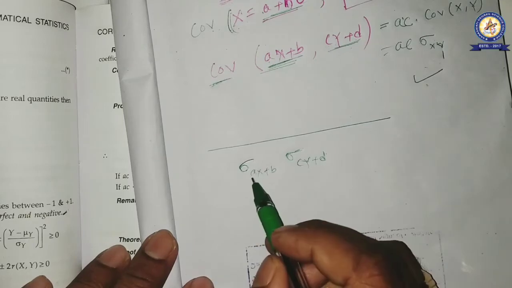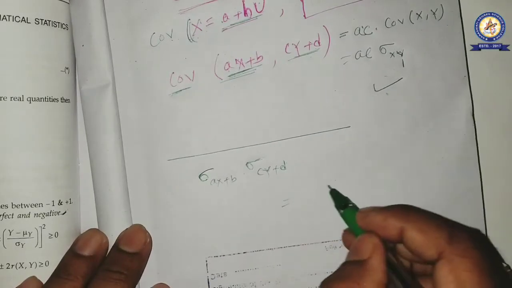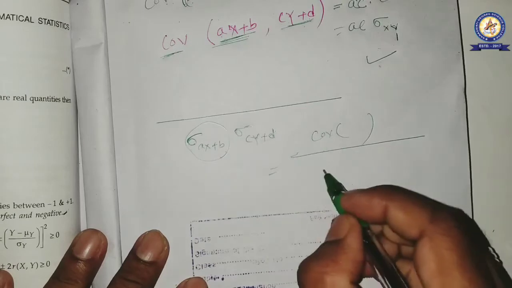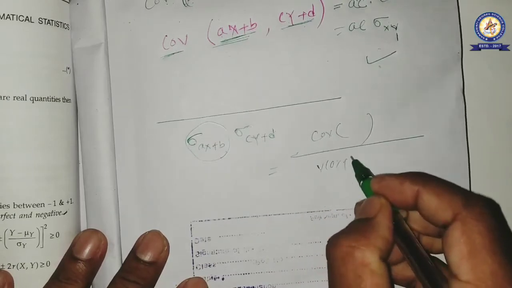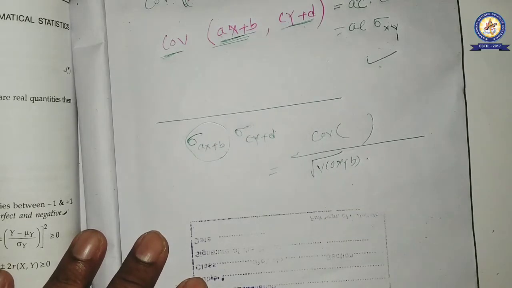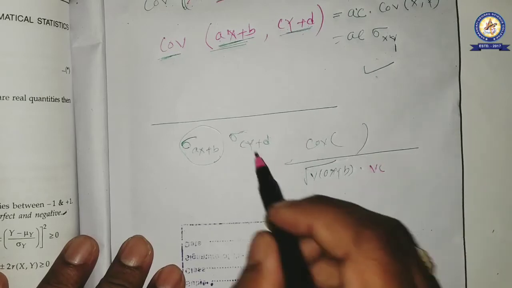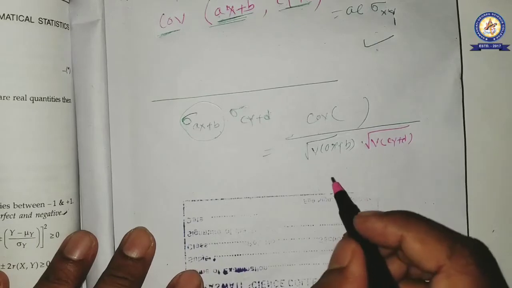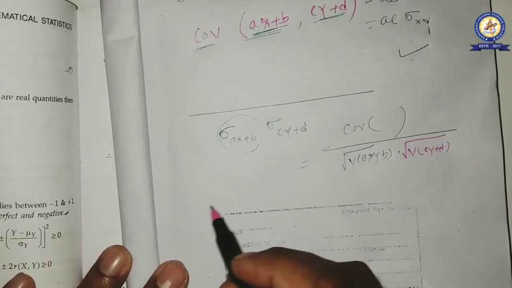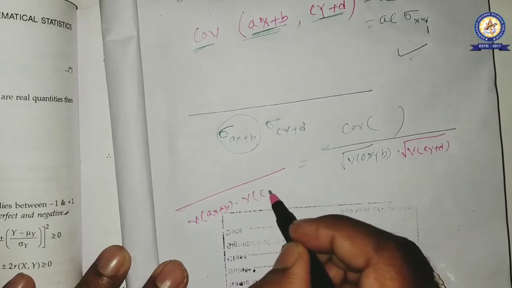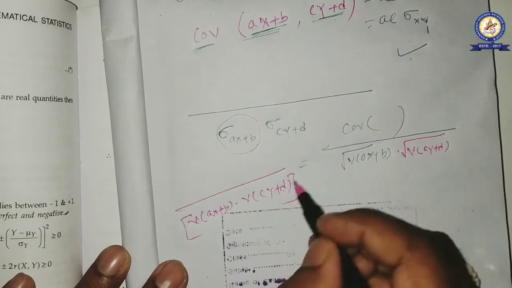So instead of writing the standard deviation format, the denominator can be written as the root of the variance of ax plus b into the root of the variance of cy plus d, right? Or we can write the denominator as the variance of ax plus b into the variance of cy plus d, whole root, right?